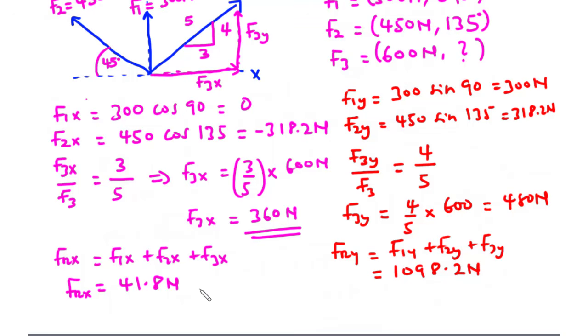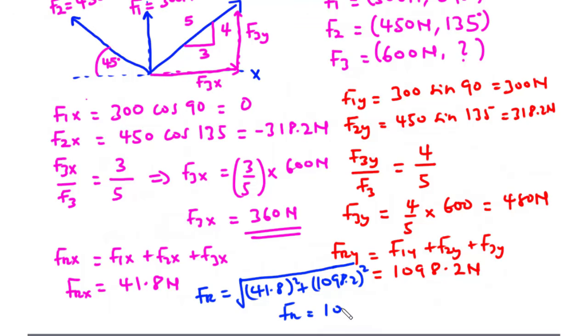So we have Fr, the resultant force, to be the square root of Frx squared, so we have 41.8 squared plus Fry squared, that is 1098.2 squared. So Fr is equal to 1098.99, which is equal to 1099 newtons. So this is the resultant force.